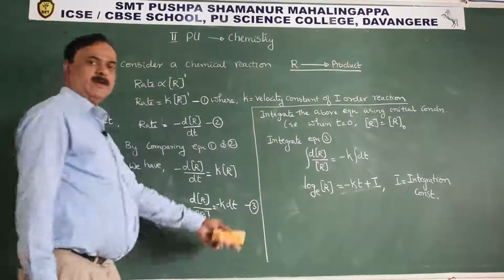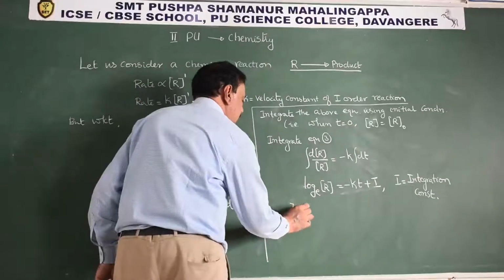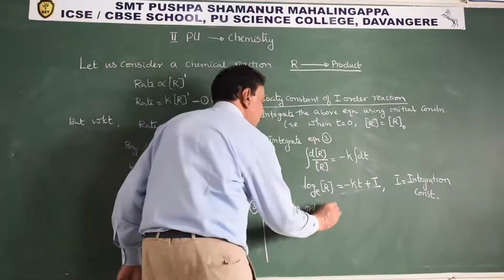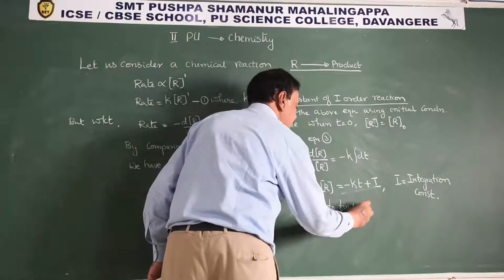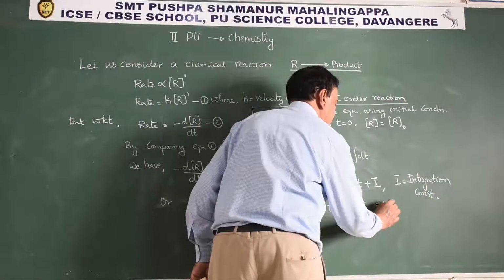Now, in order to find the value of I, substitute initial conditions.